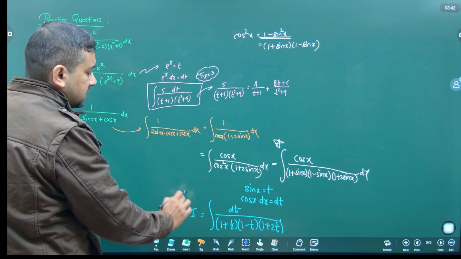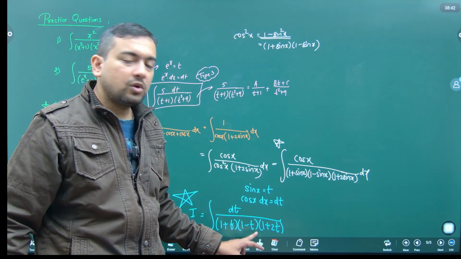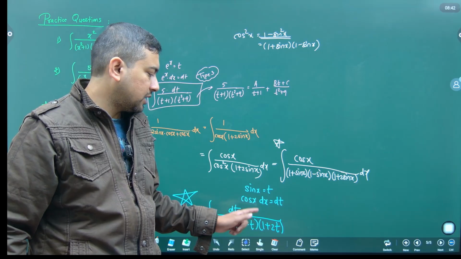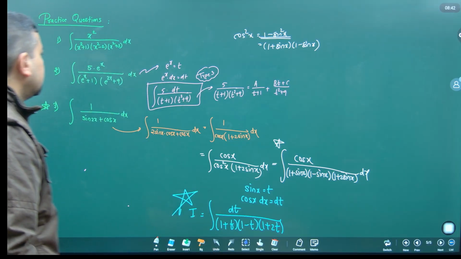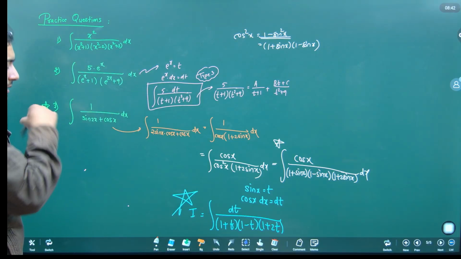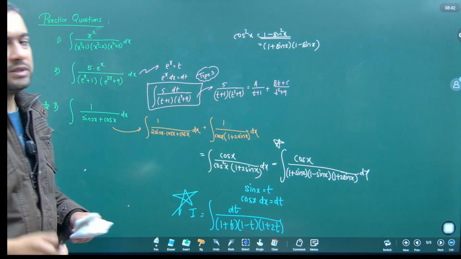Now this becomes an example of partial fractions. The denominator consists of non-repeated linear factors. You can proceed like type 1 examples. So please note down these 3 examples, as well as these points.